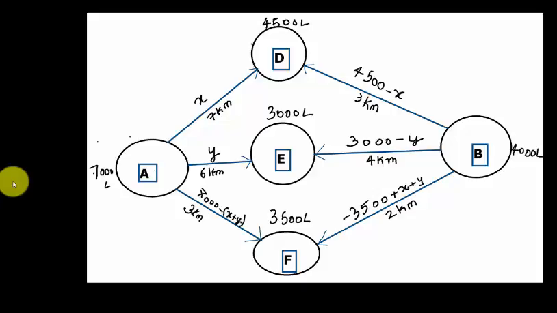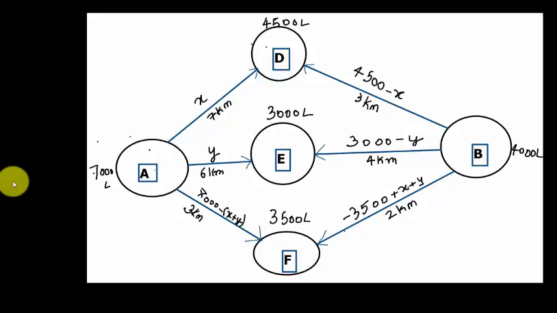Now I'm going to be calculating the transportation cost. So what is the transportation cost from A to D? I need to know that every liter transported for 1 kilometer, the cost is 0.1.